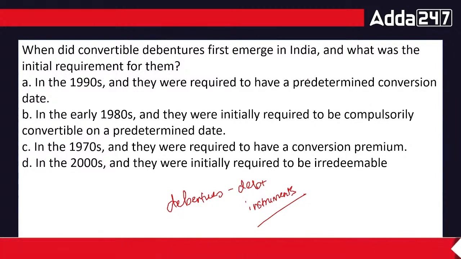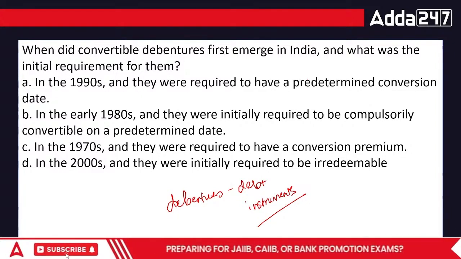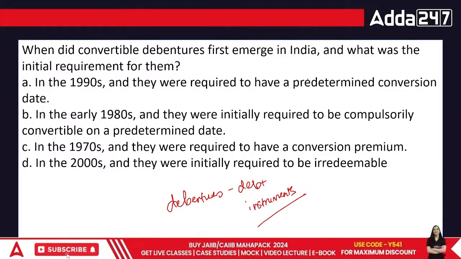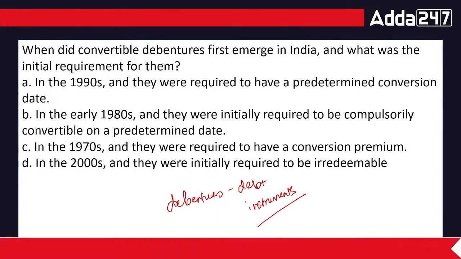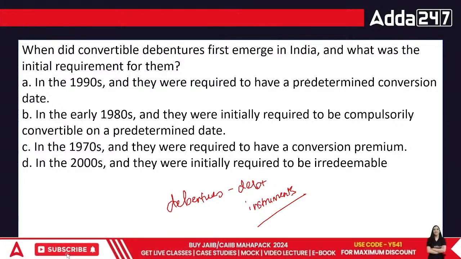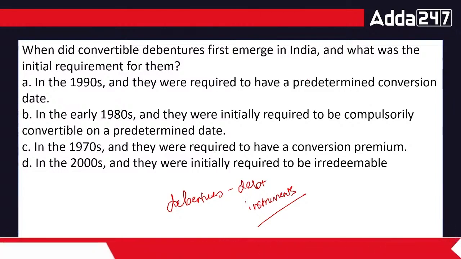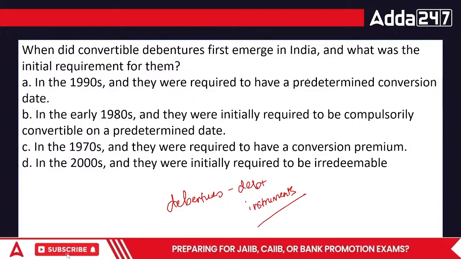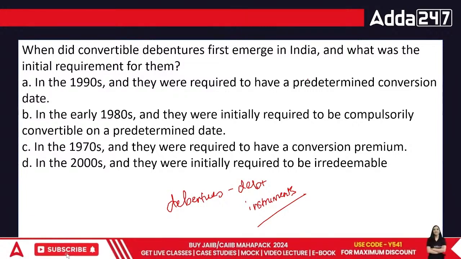So earlier it was basically compulsorily converted, and in 2000 they were initially required to be redeemable. There was nothing called irredeemable. You can't just take a loan and say, nah, I'm not paying it back. Till the time the organization is alive, there is no need. Such a particular thing just doesn't work out. Right? So this particular thing definitely doesn't work.